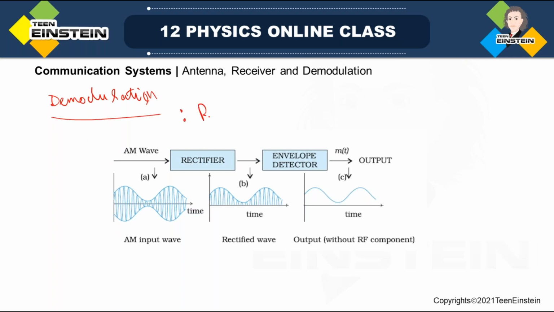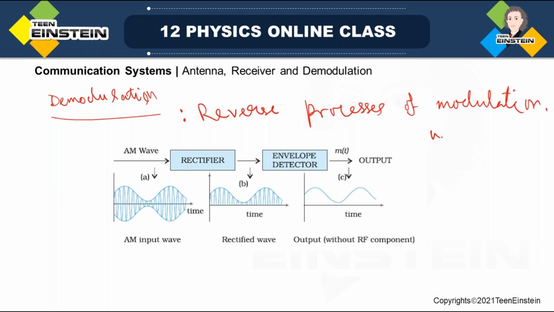I'll write here: reverse process of modulation. So we know that an amplitude modulated signal contains omega c, then omega c plus omega m, omega c minus omega m.